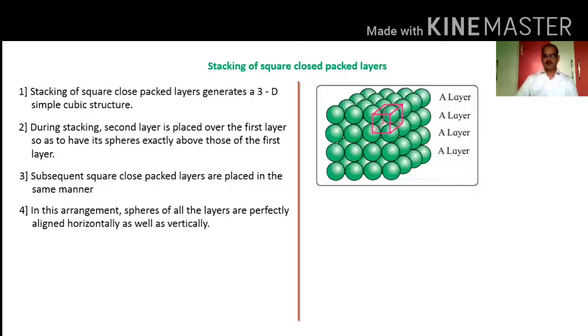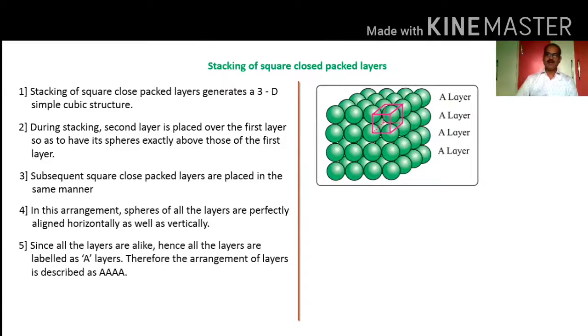Now, in this arrangement, it will be observed that the spheres of all the layers are perfectly aligned horizontally as well as vertically. So, every layer will be similar. So, all the layers are alike. So, each layer we will be labeling as A layers.